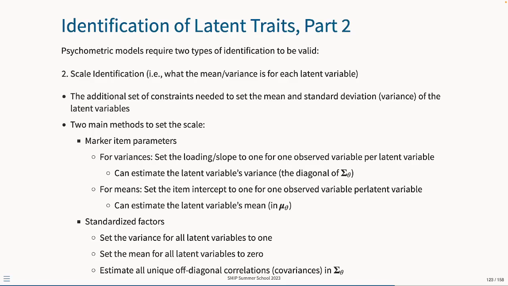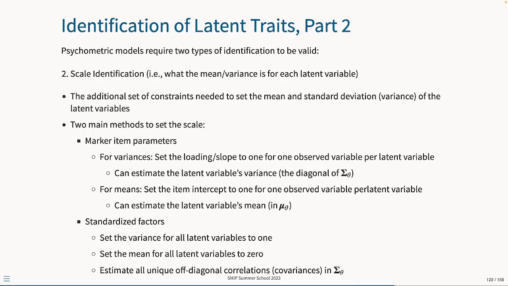For us, to do this, for variances, we call this a marker item method. Basically we take 1 item and we fix a parameter to a value. We don't estimate it, we set it to a value. For variances, we often set the loading of 1 item to 1, or the slope to 1.